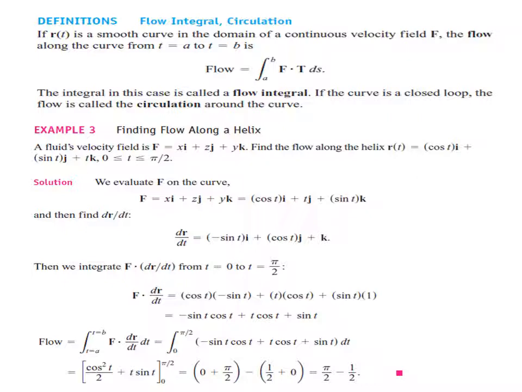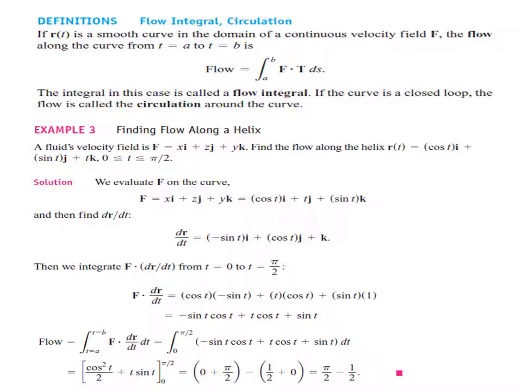The i component of F is cos t and the i component of dr by dt is minus sin t, so cos t into minus sin t, plus t into cos t for the j components, plus sin t into 1. So we get minus sin t cos t plus t cos t plus sin t.